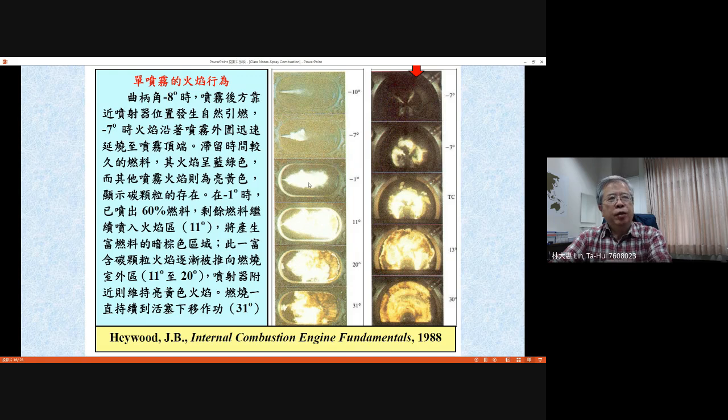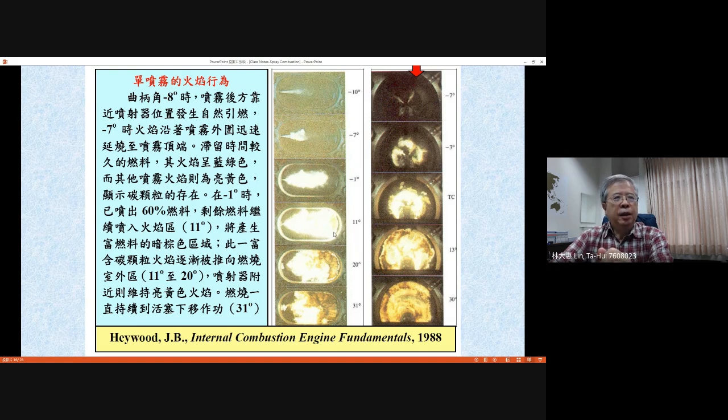Then the combustion region will expand, not just in the radial direction, but also in the axial direction to the more downstream region close to the end of the combustion chamber. The combustion of your diesel droplets is continuous, and you can see the combustion extend to the whole combustion chamber.